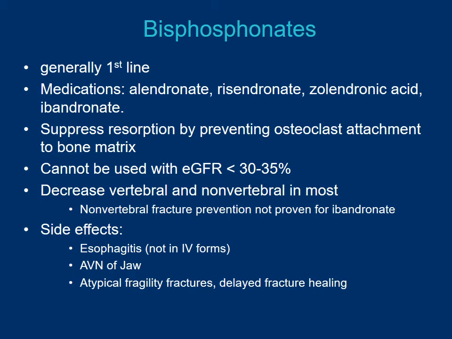But they cannot be used with a glomerular filtration rate less than 30 to 35. So if you have a patient with impaired renal function, you should not prescribe bisphosphonates and should shift to another drug. They decrease vertebral and non-vertebral fractures in most patients.